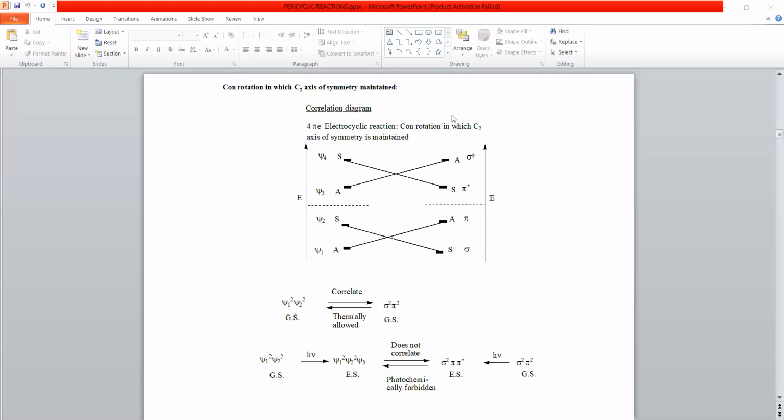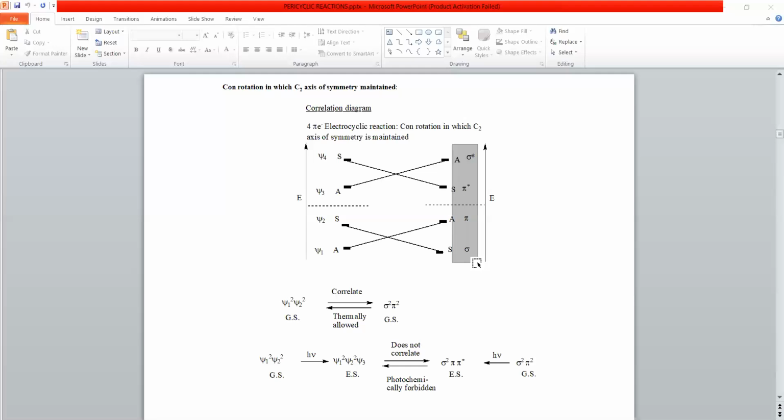So now we have conversion of cyclobutene to 1,3-butadiene by conrotation, in which the C2 axis of symmetry is maintained. Here we have to write the symmetry properties of the 4 molecular orbitals of cyclobutene on this side.